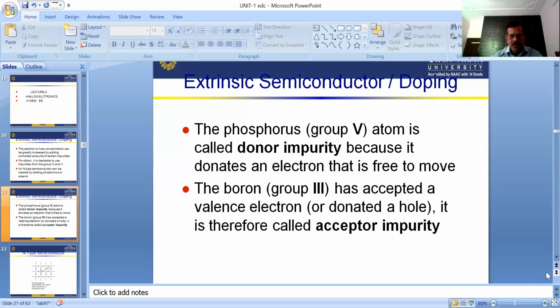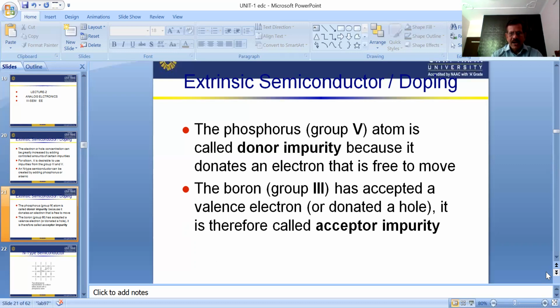Boron, a group three element, accepts a valence electron. This is the acceptor, which creates a hole.